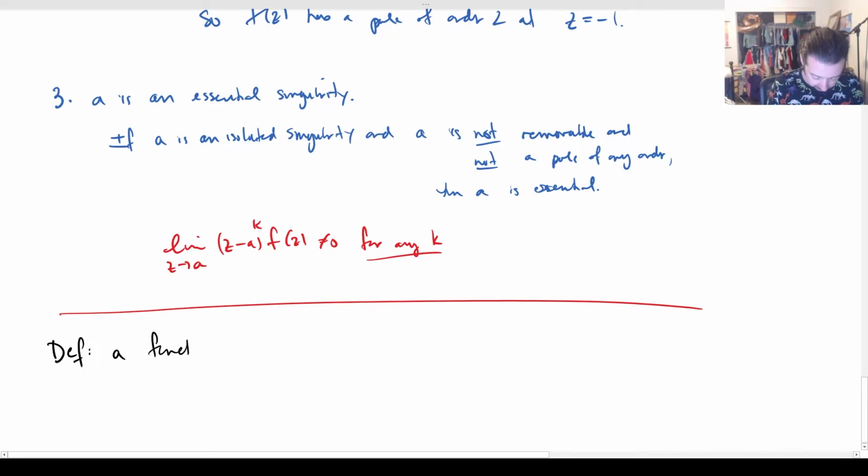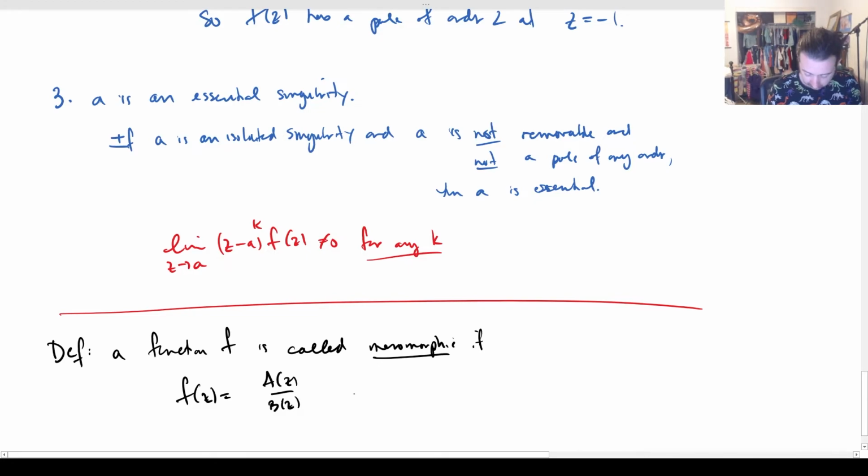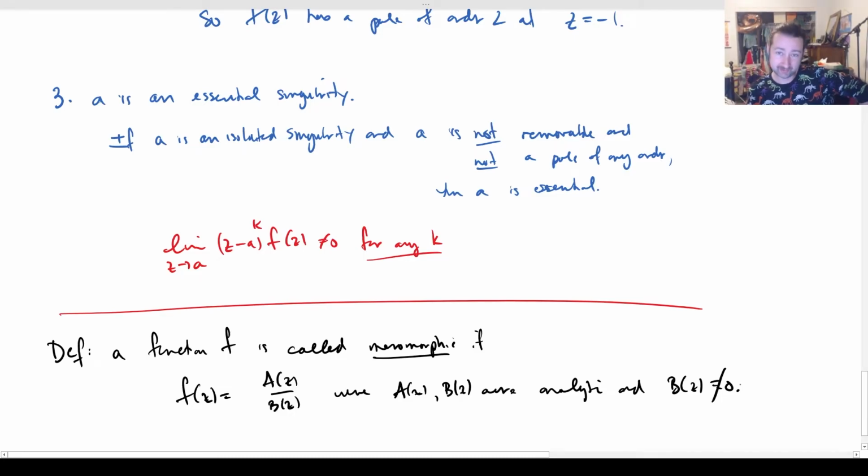A function f is called meromorphic if f of z is equal to a of z over b of z, where a of z and b of z are analytic functions, and b of z is not identically 0, because dividing by 0 identically would not be a very interesting function.